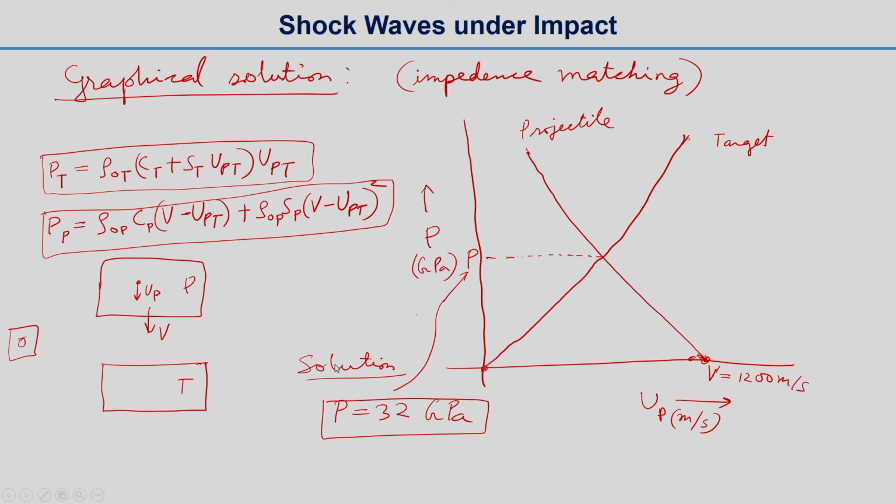So, what we did here is we plotted these two equations. We know the relation between the pressure and the particle velocity, because we have the other parameters with us, the density and the parameters C and S, for the target. We started from this point and got this curve for the target, and similarly we have another curve which starts from V equal to 1200 meter per second, that is the maximum particle velocity, and that curve looks like this.